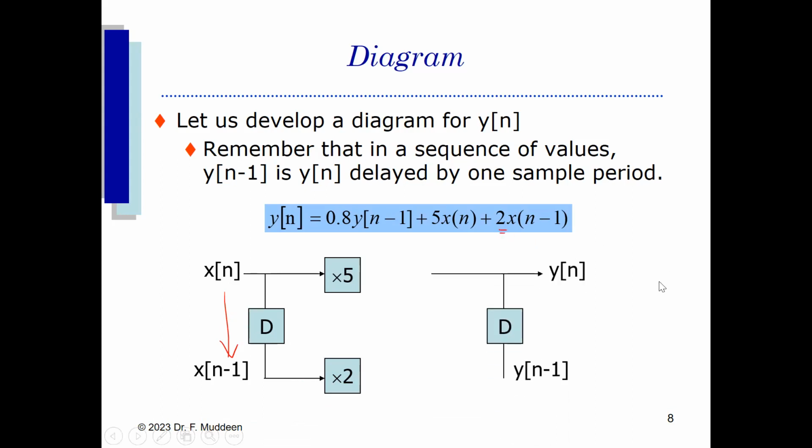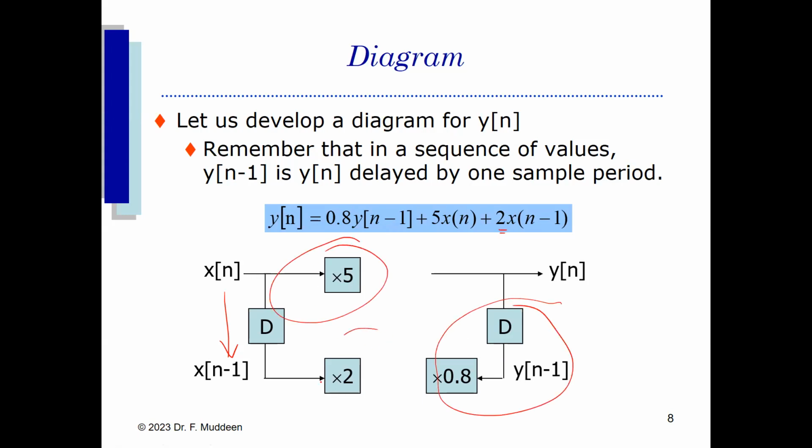On the other side, we have y[n], and then we also have y[n-1], which is this output delayed by 1, multiplied by 0.8. And then all of these, we have to add up: this, this, and this. And that gives us y[n].